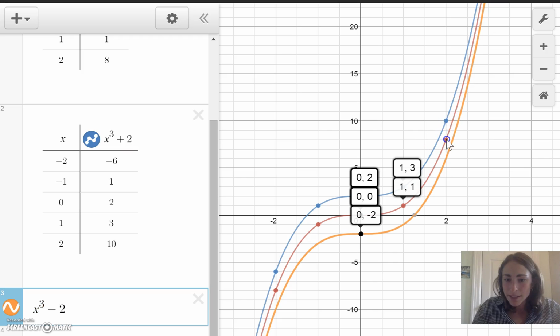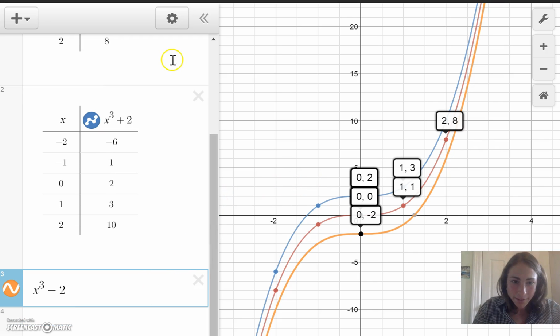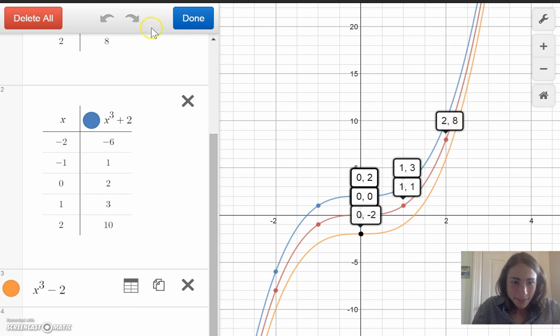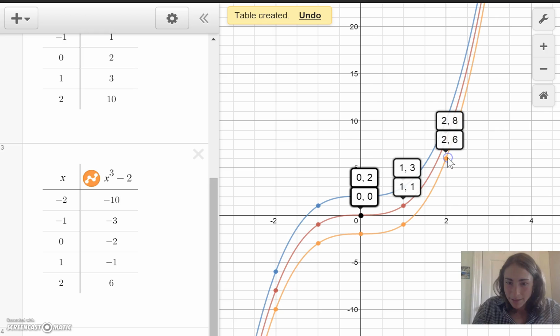Each point, to get from the red graph to the orange graph, you subtract 2. Let me try to fix that. Show the table, perhaps that will help. Okay. When you plug in 2 into the orange graph, you get out 6. Which is 2 less than what you would get if you plugged in 2 for the red graph.